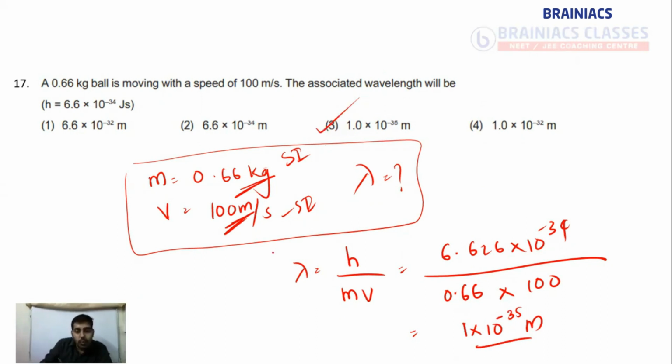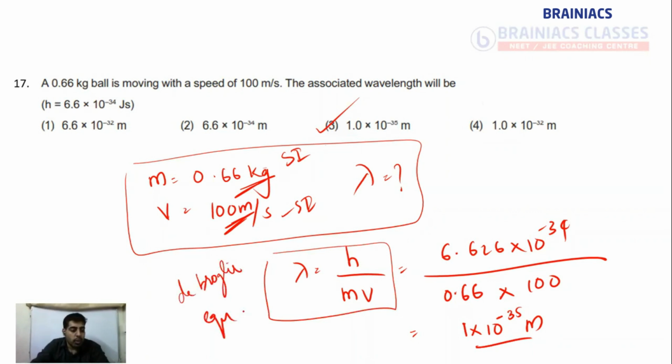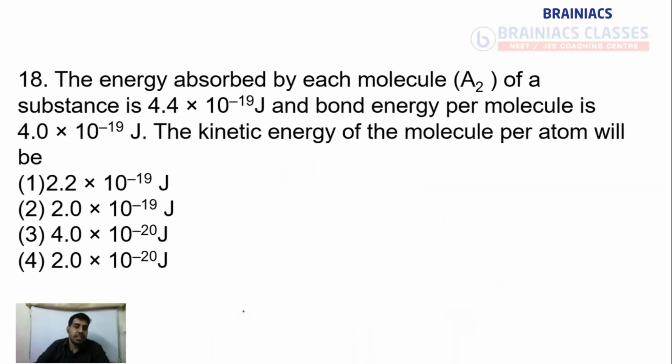This equation is known as the de Broglie equation. So moving on to the next question, question number 18. The energy absorbed by each molecule A2 of a substance is 4.4 into 10 raised to minus 19 joules, and the bond energy per molecule is 4 into 10 raised to minus 19 joules.